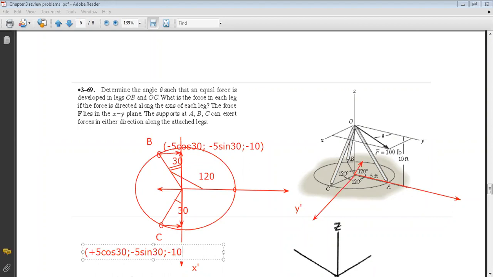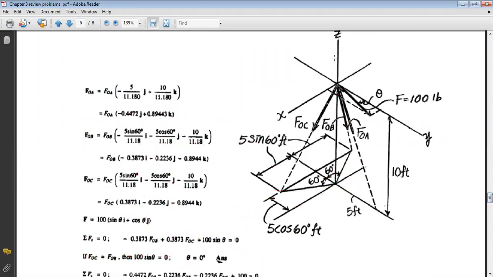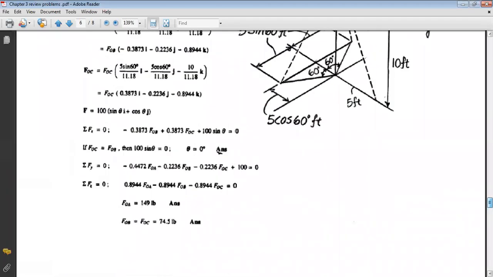Once I find the coordinates of the points, it becomes a simple problem, because all you have to do now is write 3 equations with 3 unknowns. This is what they did. They first found the expression of each force, FOA, FOB, FOC, and F, and then they considered the 3 equations: sum of x equals 0, sum of y equals 0, sum of z equals 0.